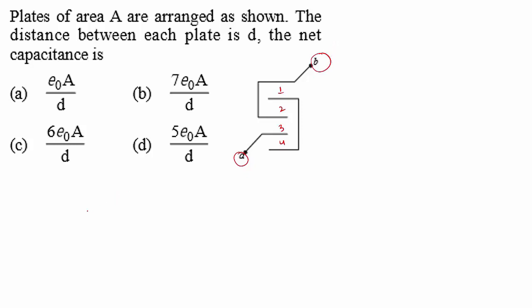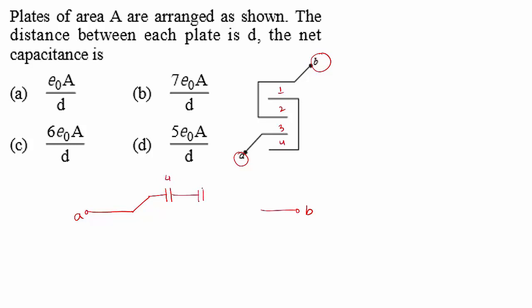Observe the diagram here. This is the terminal point, or the point A, and here is another point B. From the point A, there is one parallel plate capacitor. I am going to draw it here. This is one parallel plate capacitor from the point A. Let us take it as the fourth one.